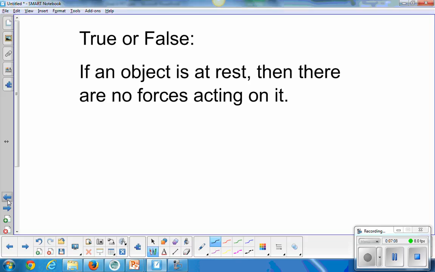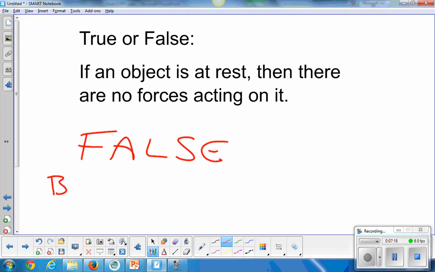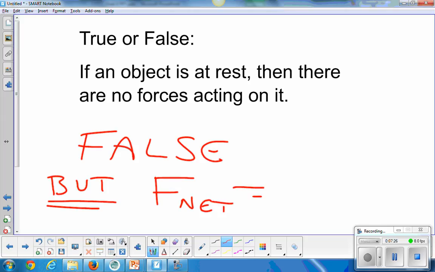It's not necessarily true in all cases, so we've got to actually say this one's false. There could be forces, but what has to be true? But, and this is a big but, so to speak, F net must equal 0. And that's the big difference. There can be forces, but as long as they all balance out, the object is going to definitely be at rest.